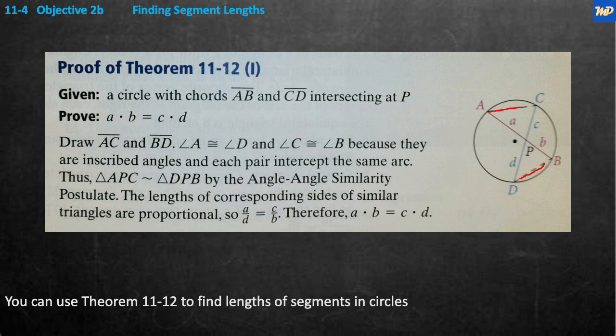Okay, and by doing that, it says angle A is now congruent to angle D. Angle A, that's this angle here, is congruent to angle D. Well, how is that congruent? And it says angle C is congruent to B.